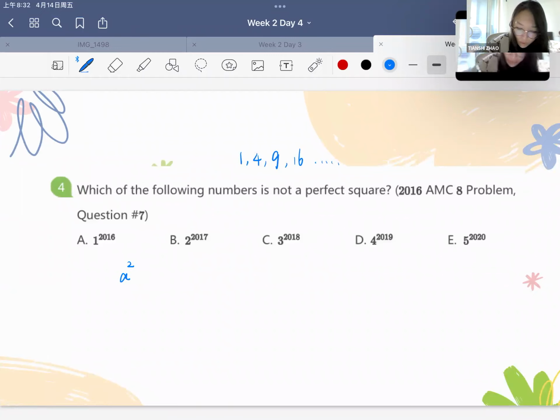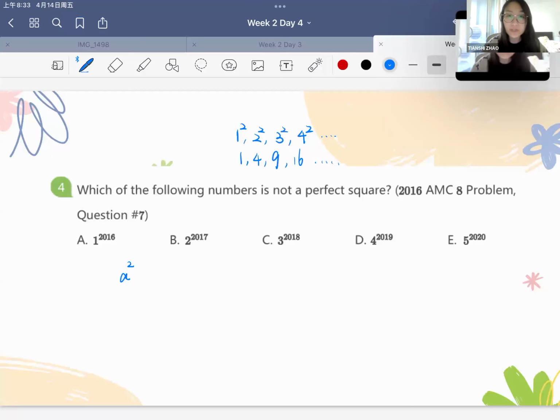For example, 1 is 1 squared, 4 is 2 squared, 9 is 3 squared, and 16 is 4 squared, right? So a perfect square number can be written in the form of some number whose exponent is 2 times something. So if the exponent is an even number, then it can be written in the form of a perfect square.